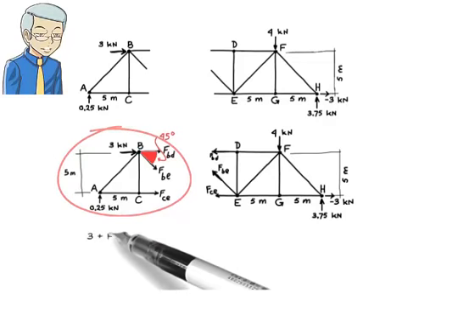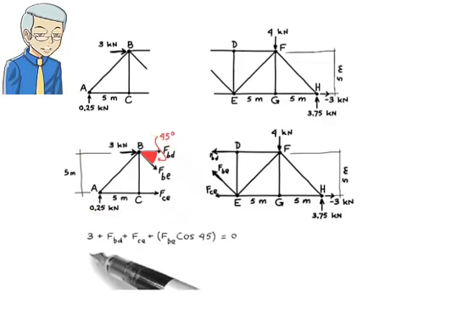For the sum of the forces in the x direction, we have 3 plus FBD plus FCE plus FBE cosine 45 equals 0. For the sum of the forces in the y direction, we have 0.25 minus FBE sine 45 equals 0.